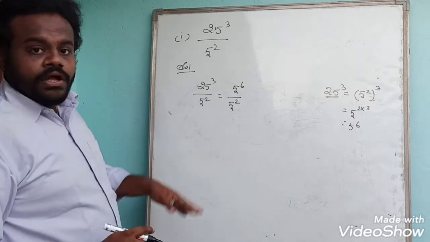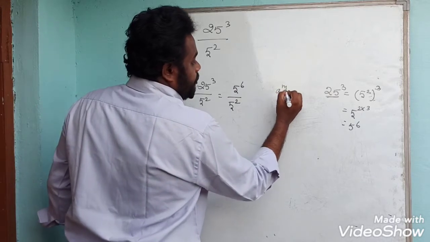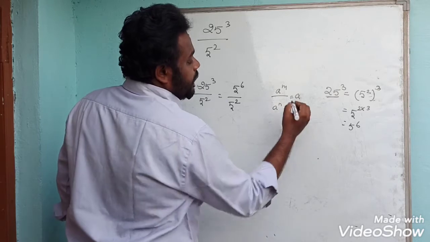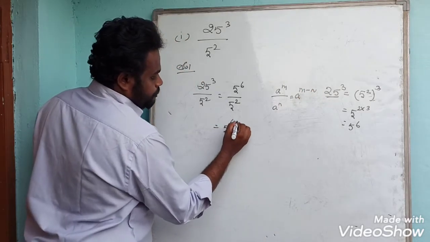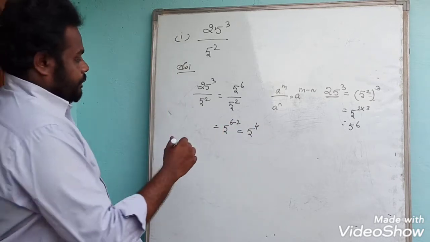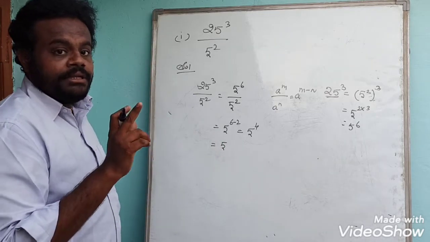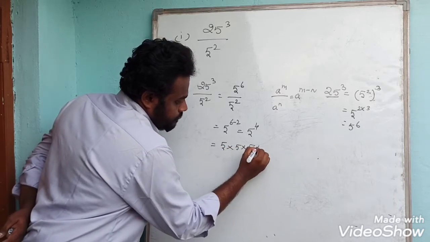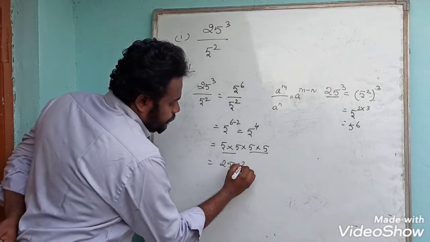See, here we have to apply the laws of exponents: a power m divided by a power n. In the division method, we know that we subtract the powers. We get 5 to the power 4, that means 5 multiplied 4 times, which is 25 into 25.